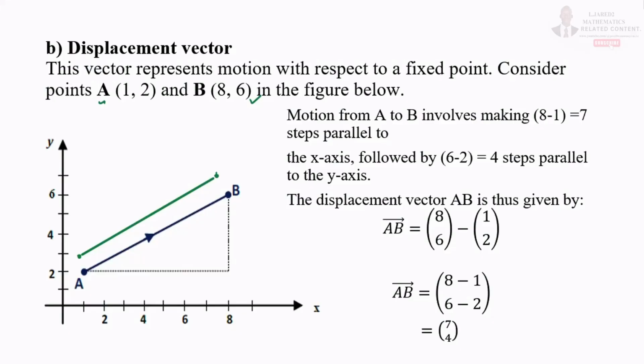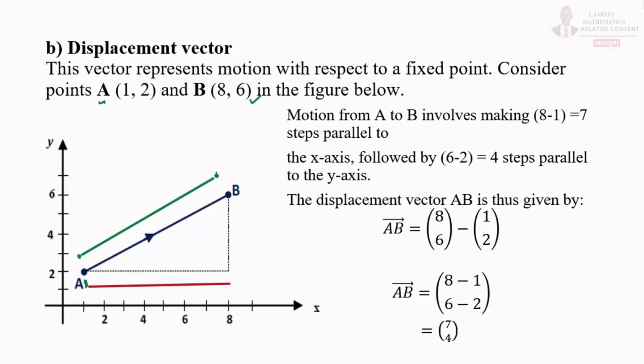So to move from A to B, one has to move 7 steps. We get the 8 where B is ending, minus 1 where it began at point A.